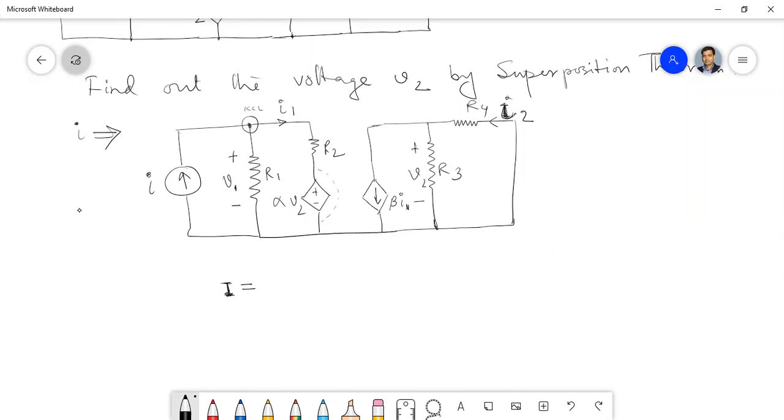At that point, if you apply KCL, what will be the value? You just write all these capital letters. So V1 by R1, that is the current through R1, plus I1. So this is the KCL at this node. That is the first equation.